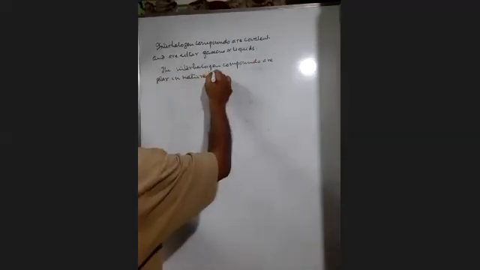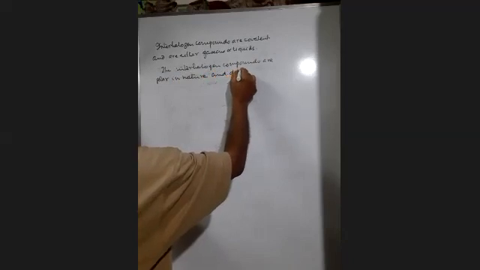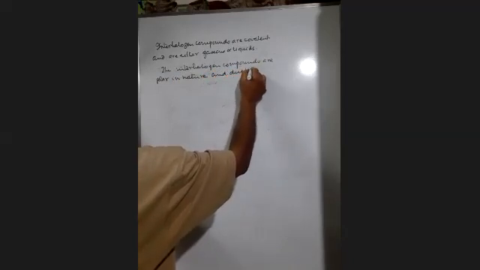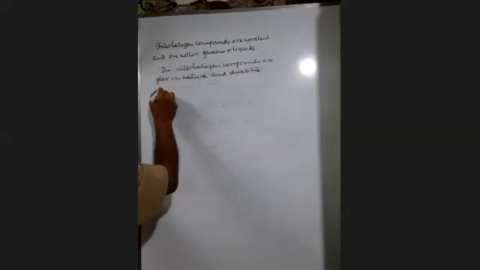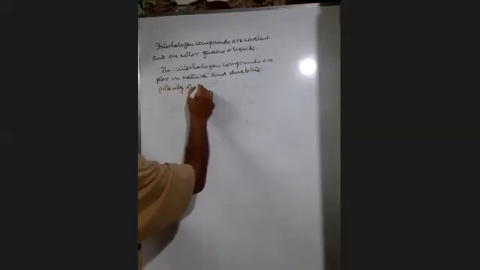These are polar molecules. They have dipole moment, and it is due to the polarity of XX prime bonds. Why are they polar? Because they have a difference of electronegativity.